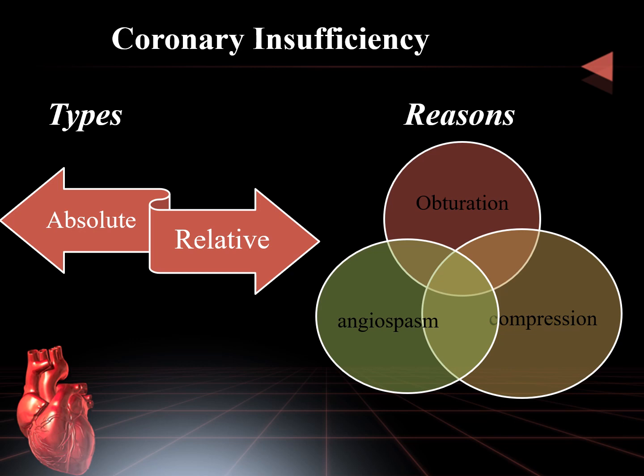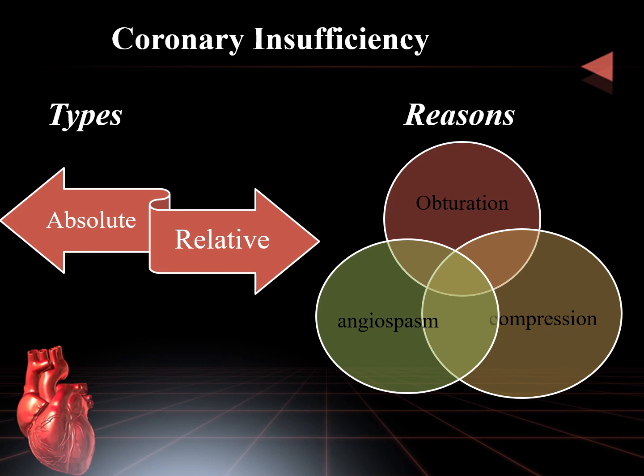The second is angiospasm. Angiospasm is a spasm of coronary vessels that occurs as a result of the action of some substances, for example, catecholamines, vasopressin, angiotensin II, thromboxane A2, endothelin. Even hypocapnia may lead to spasm of the coronary vessels.